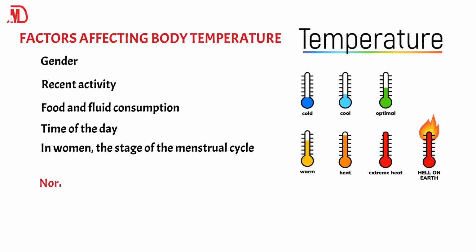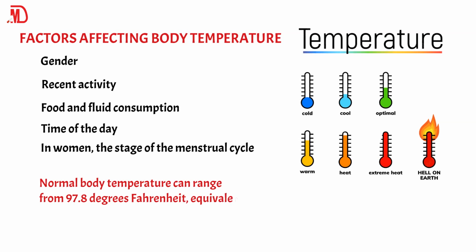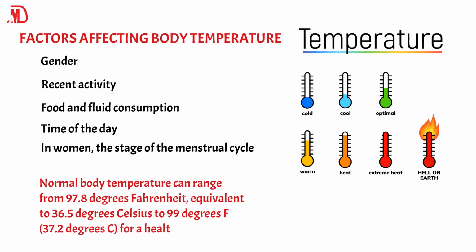In all these, the normal body temperature can range from 97.8 degrees Fahrenheit, which is equivalent to 36.5 degrees Celsius, to 99 degrees Fahrenheit. That is 37.2 degrees Celsius for a healthy adult.